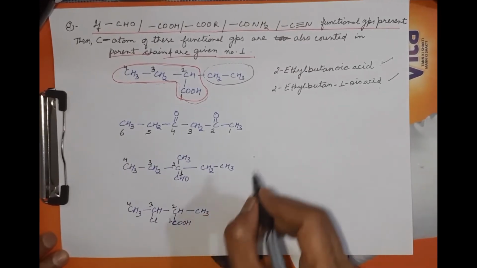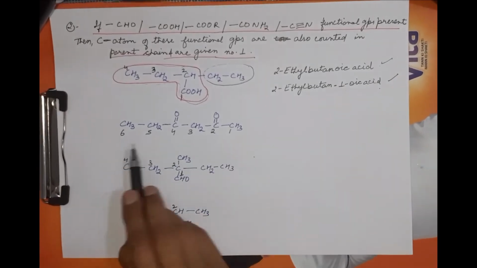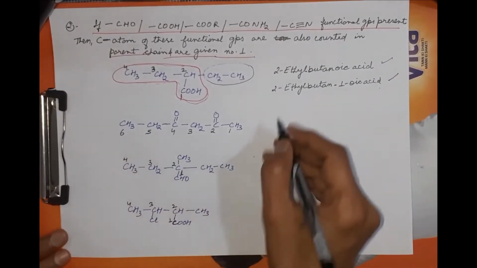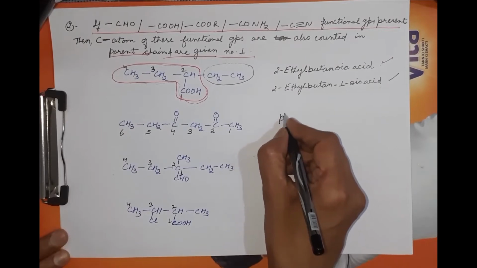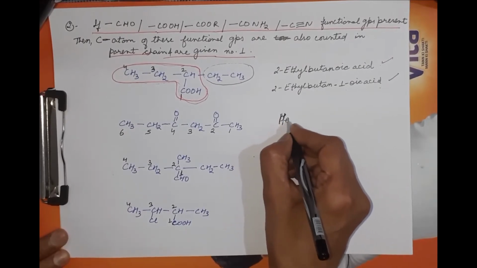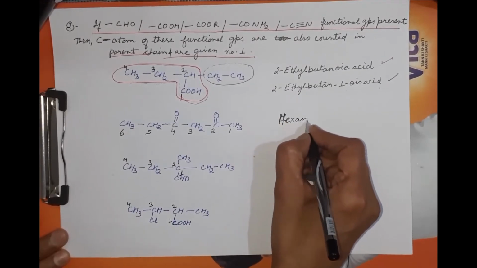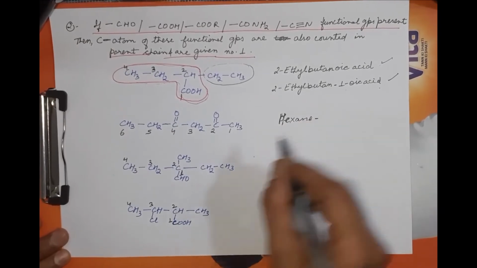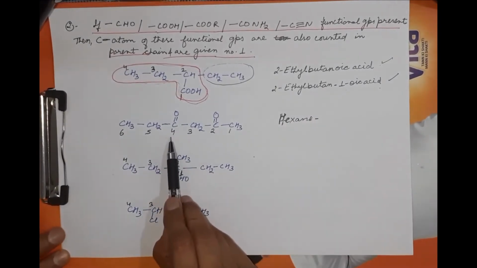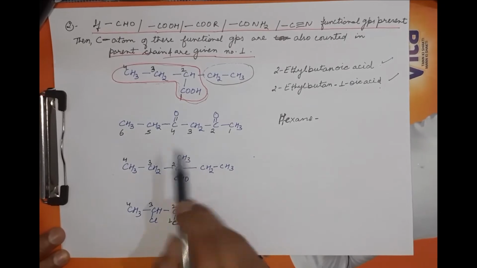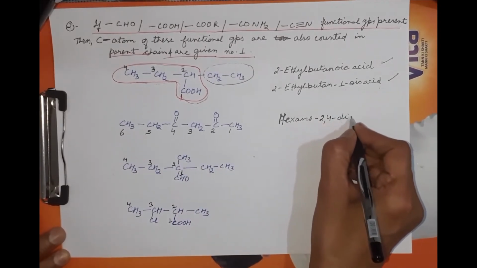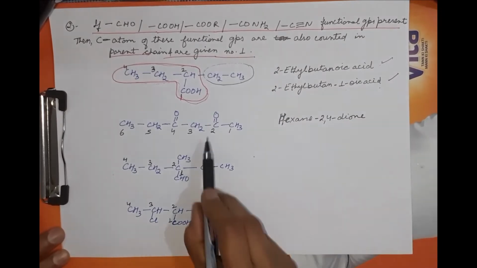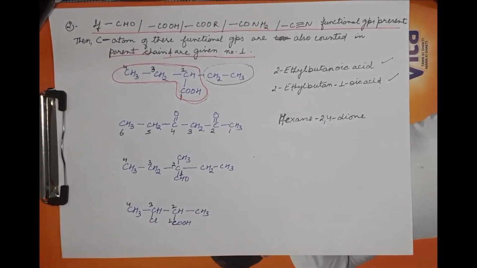What will be the name here? Because there is no substituent, no prefix, the word root will be hexane, and the positions of the 2 ketonic groups are 2 and 4. Hexane 2, 4 dione. Dione because 2 ketonic groups are there.